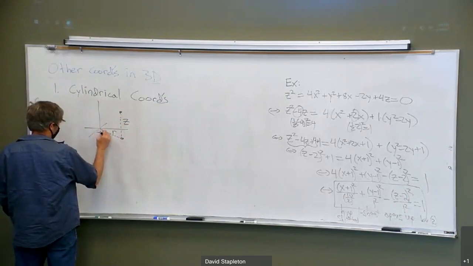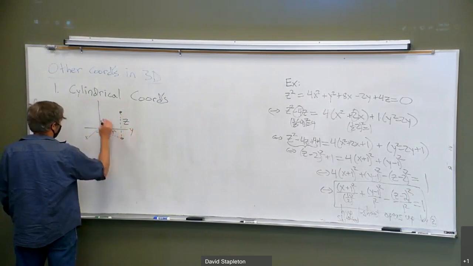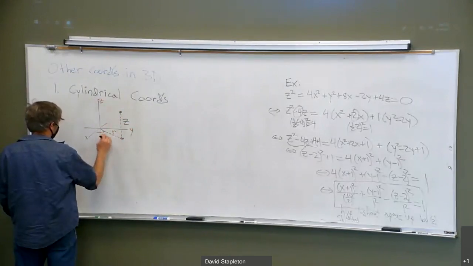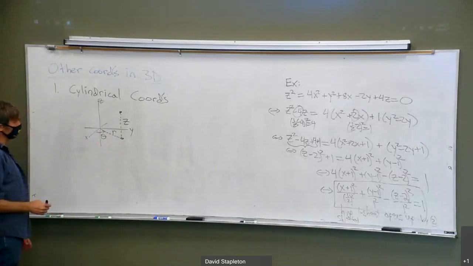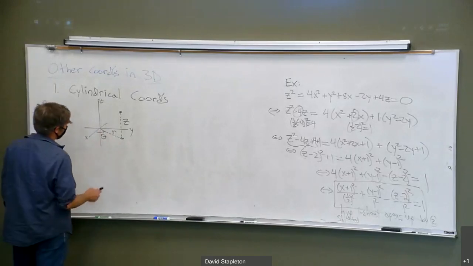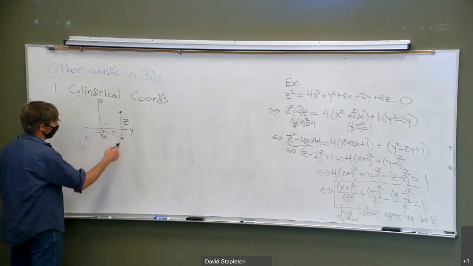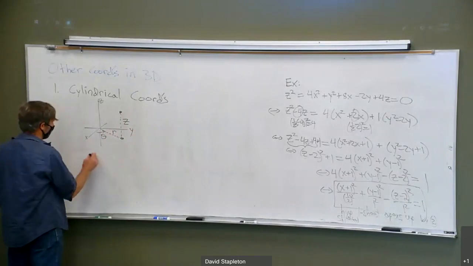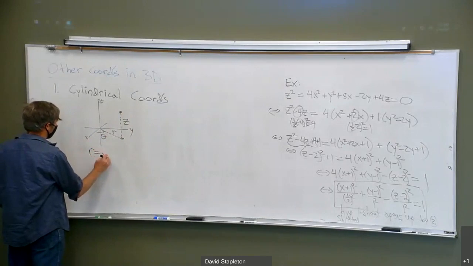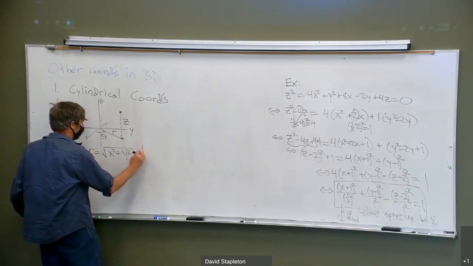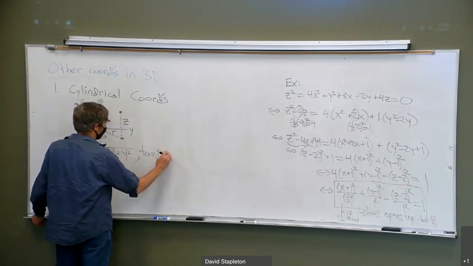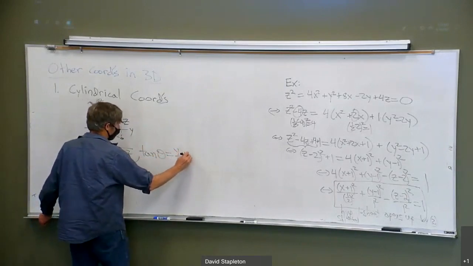Then take the angle counterclockwise from the x-axis to that line segment and call that theta. And you may have surmised already, right? This is just polar coordinates in the xy plane plus z. That's all they are. In this system, you would say r equals the square root of x squared plus y squared, and tangent theta equals y over x, just like polar coordinates. And then z equals z.